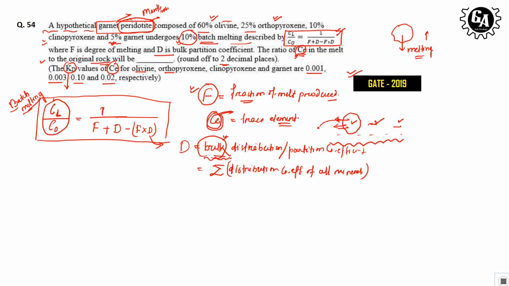So how can we calculate this? It contains 60% olivine, and the distribution coefficient of cerium in olivine is 0.001. So the olivine contribution is 0.6, this is 60%, times the distribution coefficient 0.001, plus, because this garnet peridotite contains olivine, OPX is also there.